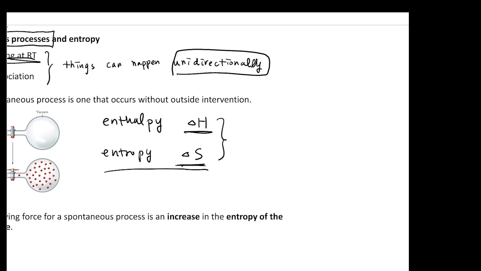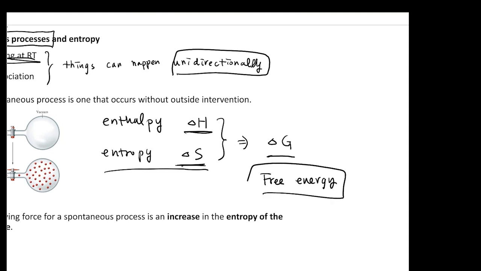If you consider both of them together, then you have a unified way to predict whether a reaction can happen spontaneously or not. These were eventually connected through a term called the free energy. Free energy is the term that scientists use to predict whether a reaction can happen spontaneously or not. We're going to talk about the details later.